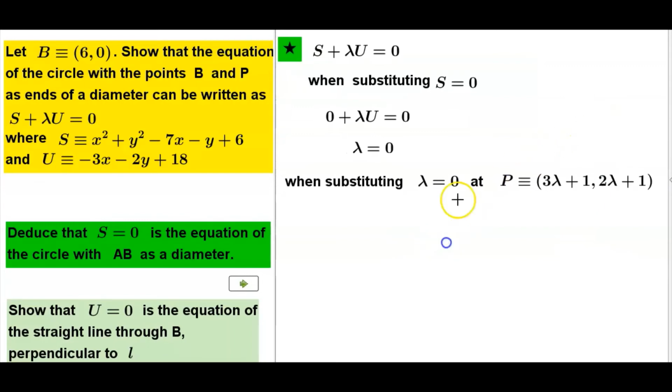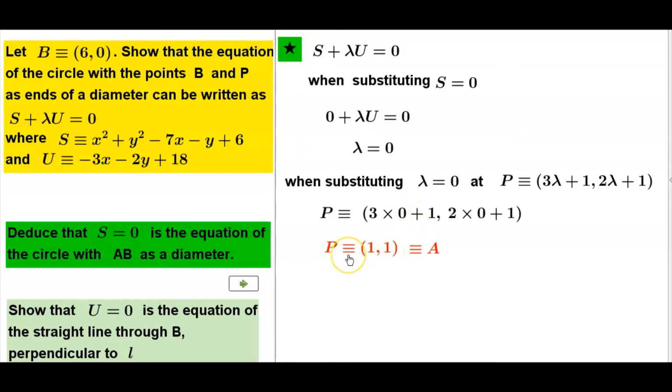When substituting lambda equal to 0 at point P, (3 lambda plus 1, 2 lambda plus 1), point P is (1, 1). But we already know the point A is also (1, 1).